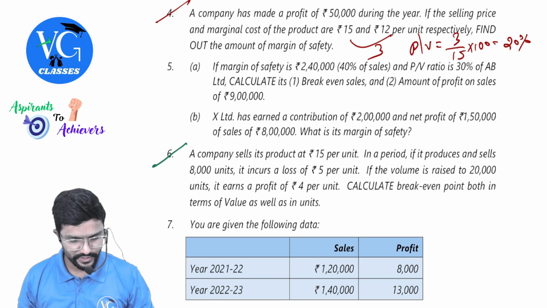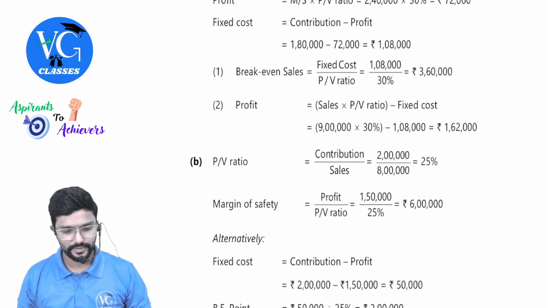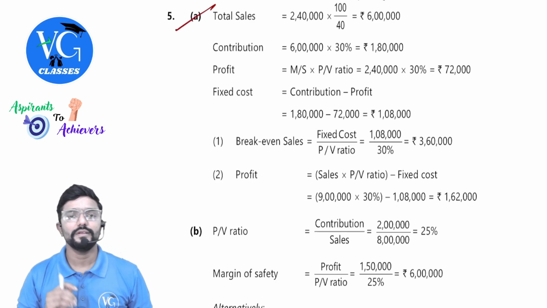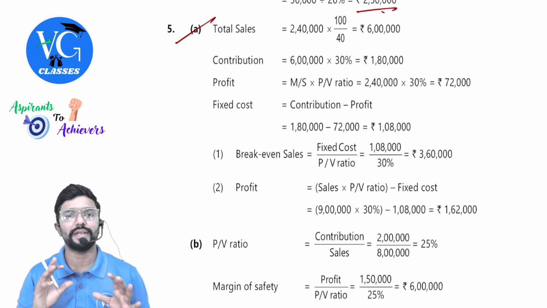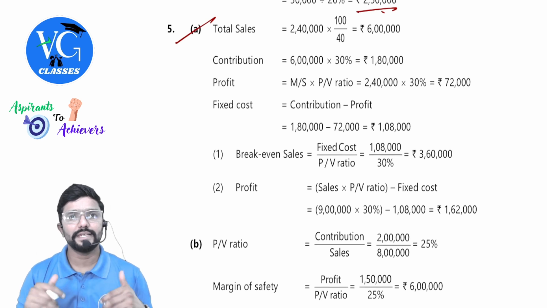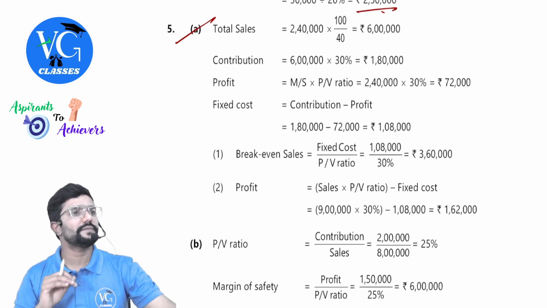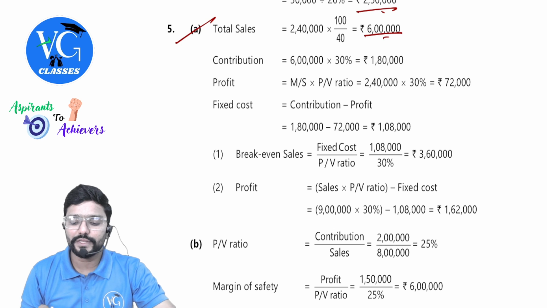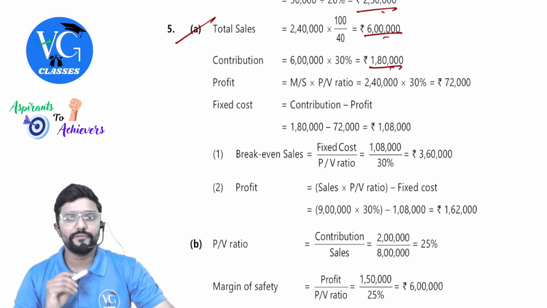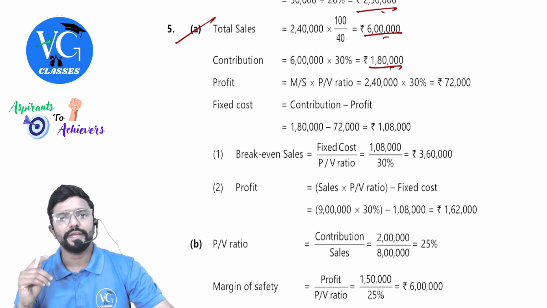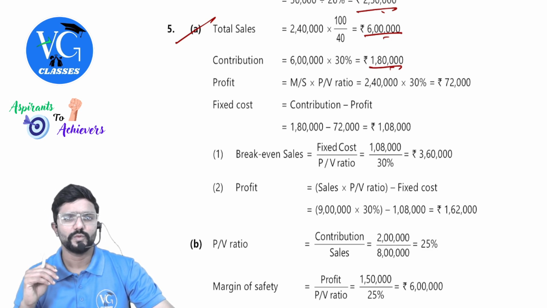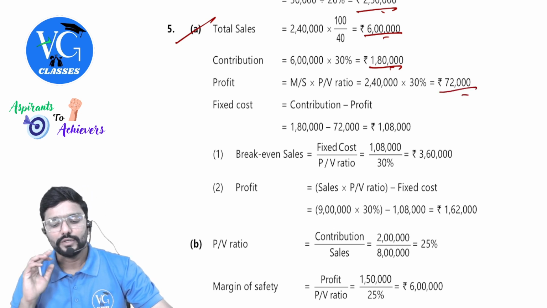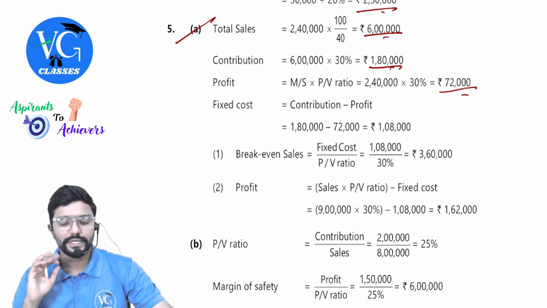Let me just go through the solution. Fifth one, A first. Total sales is equal to, guys, simple: margin of safety in rupees divided by margin of safety in percentage. So you will get 6 lakh. Contribution, 6 lakh into 30%, is 180. Profit is margin of safety into PV ratio, 2,40,000 into 30%, which is 72,000.